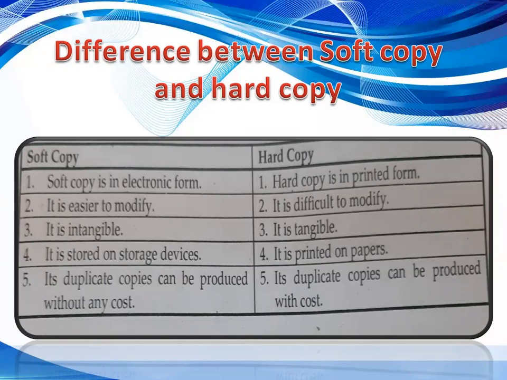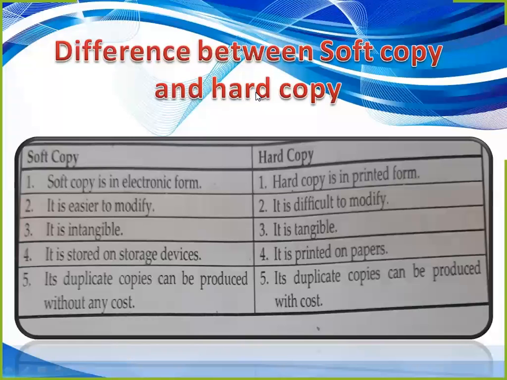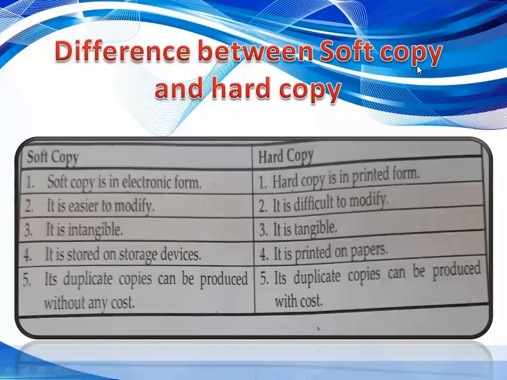Electronic form means that it is in digital form, inside your computer system. Hard copy is in printed form. Printed form means that it is printouts, the handouts, which you can carry easily. The physical form.